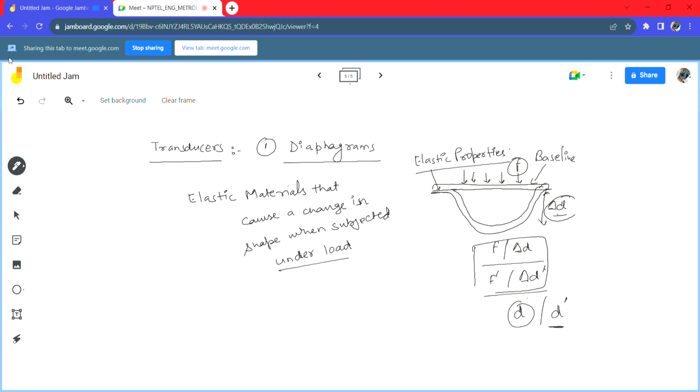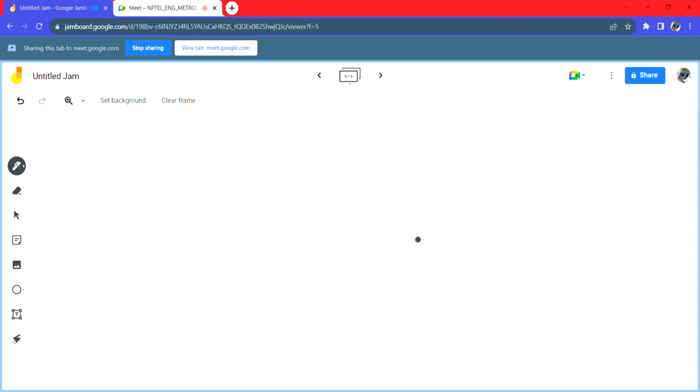So with this, we move on to the next type of elastic material that we discussed, and that is called as the Bourdon tube.